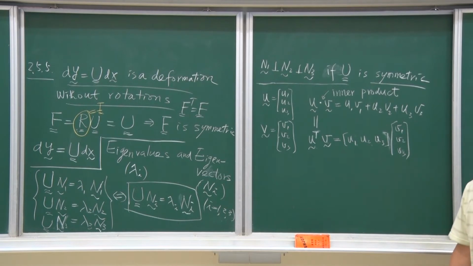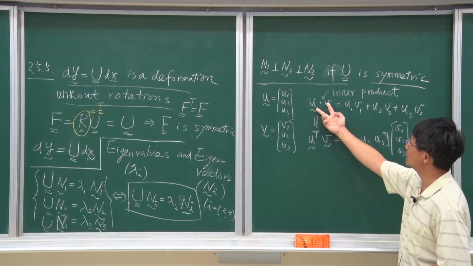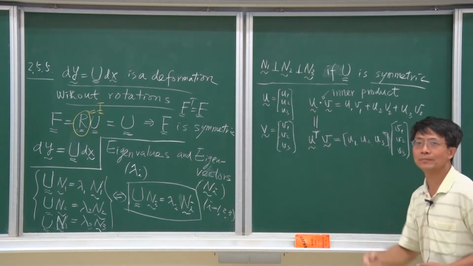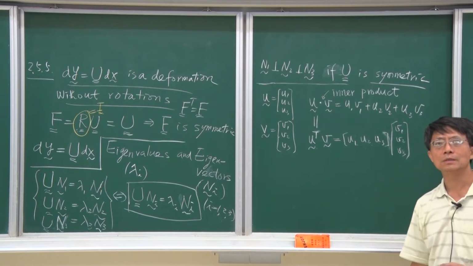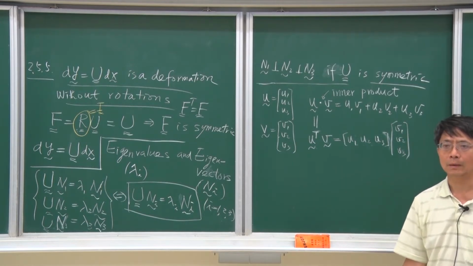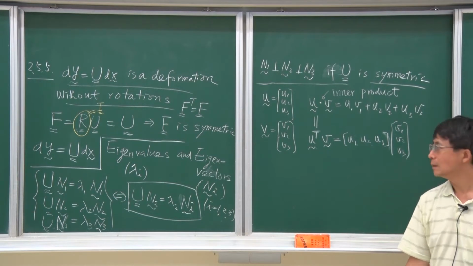Understand? So the inner product of two vectors can be expressed in this form. You must learn this right now because we will use such operations many times later, and we have also already used it in the last section.